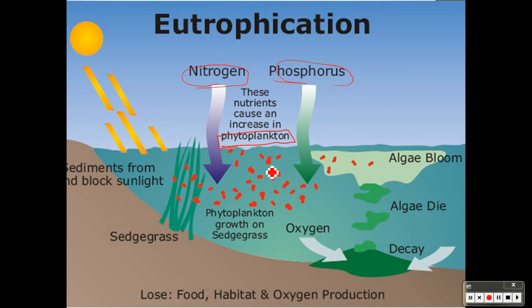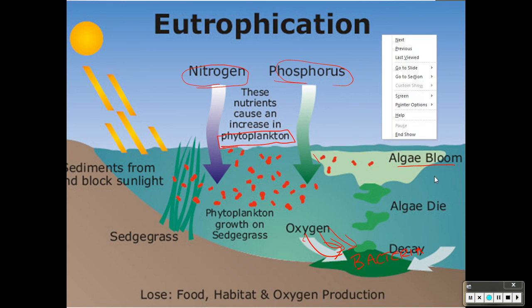And as they grow and grow and grow, it becomes what's called an algae bloom. Now, 2 things happen with the algae bloom. The first one is the algae die and they break down, and the bacteria that break them down start to use up lots of oxygen in the water source. So the bacteria are using the oxygen first.